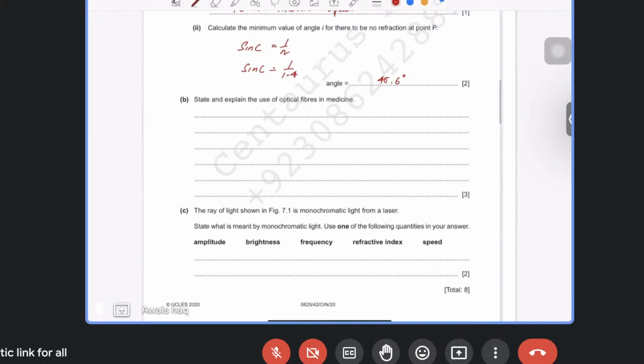Okay, so the first thing is, so wait a second please.